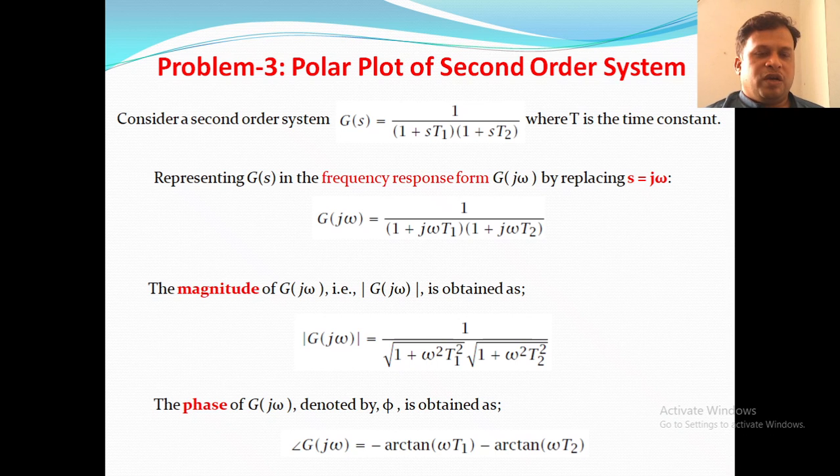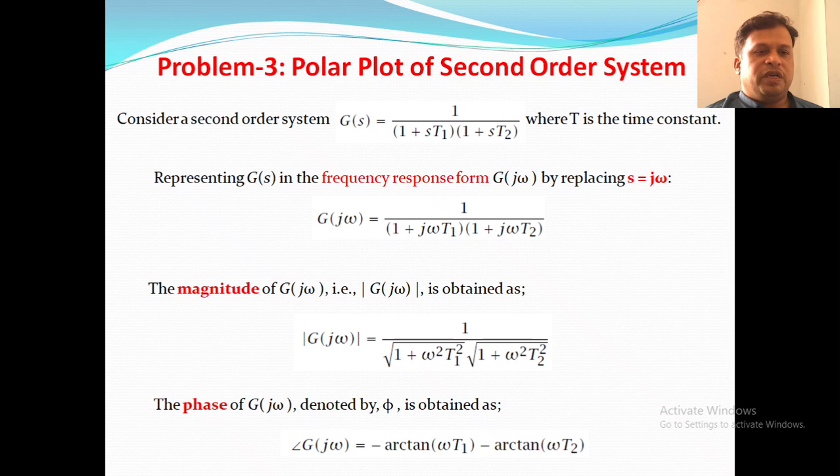Now if you see a second order system, 1 by 1 plus sT1 into 1 plus sT2, where T is the time constant. Now representing G of s in frequency response form, G of j omega, by replacing s with j omega, we write 1 by 1 plus j omega T1 into 1 plus j omega T2.